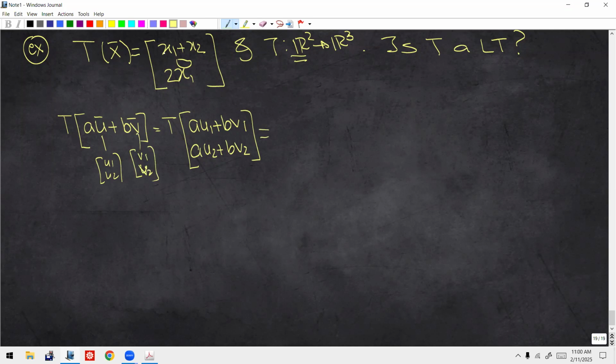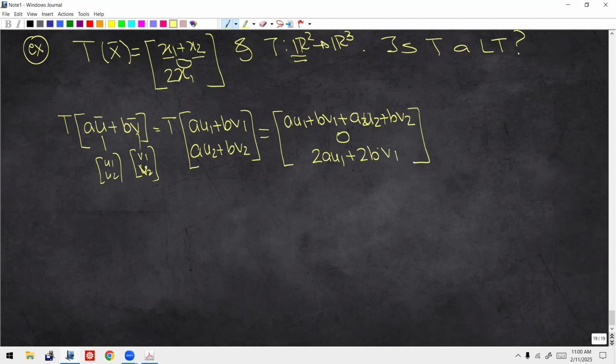So now we're going to push them into this. So what is the first one? What does it do? It takes the first component and adds the second component. So you get AU1 plus BV1 plus AU2 plus BV2. And then we get 0, and then we get 2 times AU1 plus 2 times BV1. So that's what we get.